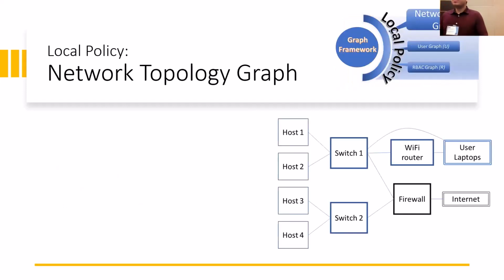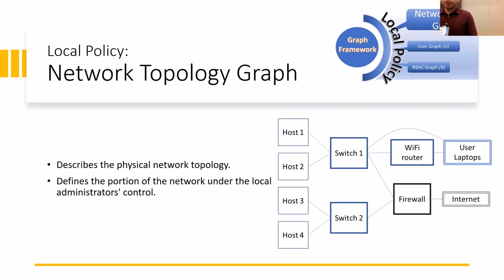An example of a local policy graph is the network topology graph, which represents the underlying network topology that is under the administrator's control. Nodes correspond to hosts and network policy enforcement points, or PEPs, like switches and firewalls. The model types each PEP because different types of enforcement points have different capabilities to enforce a policy.